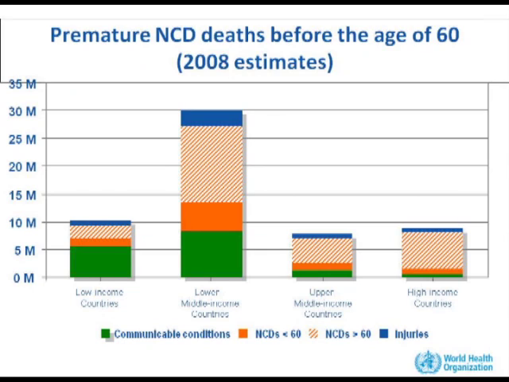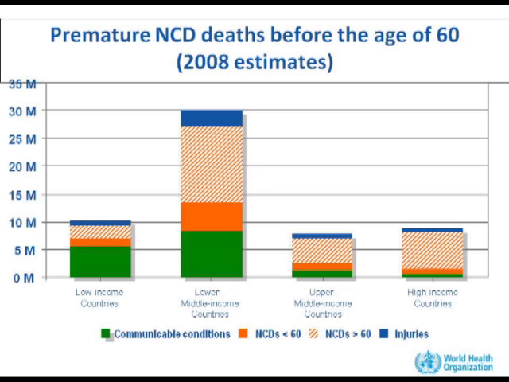This shows the premature NCD deaths before the age of 60 years, the 2008 estimates for low income, low middle income, upper middle income, and high income countries. If you please look at the orange part of the bars, the hatched part and the solid part. The solid part indicates the deaths under the age of 60, meaning premature, avoidable, preventable deaths due to NCDs.